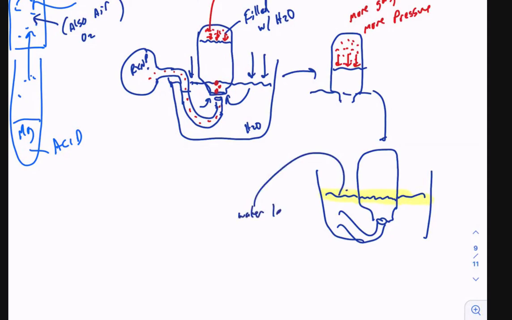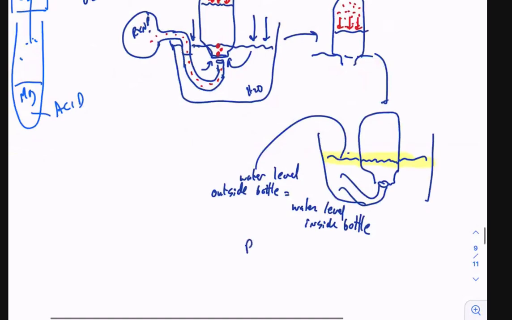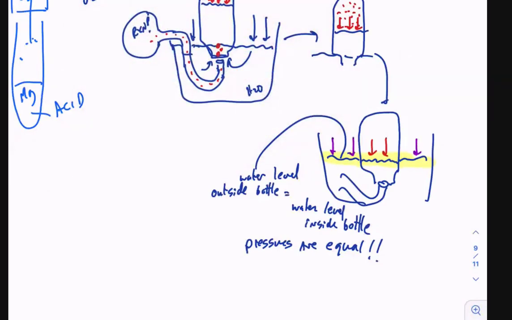So the water level outside the bottle equals the water level inside the bottle. And that means the pressure inside the bottle is equal to the pressure outside the bottle, and the pressure outside the bottle is known as barometric pressure.